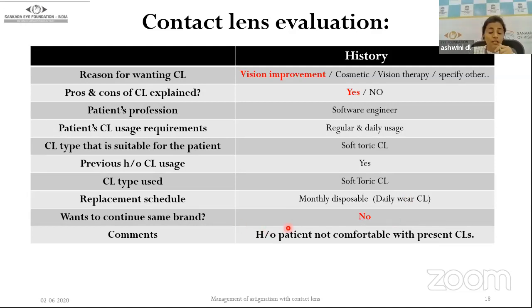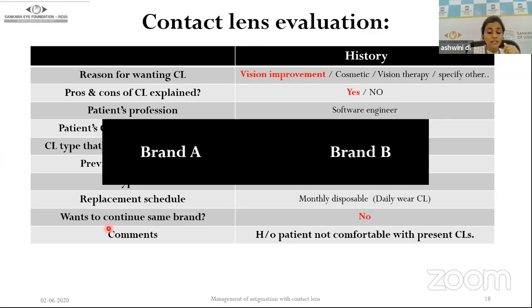The patient was already using one brand of contact lens, but she didn't want to continue with the same brand. She wanted to shift from brand A to brand B, and she already had in her mind which brand she wanted to shift to.